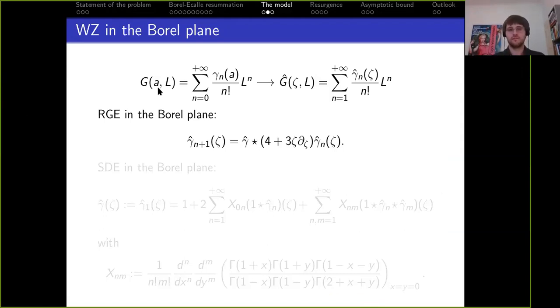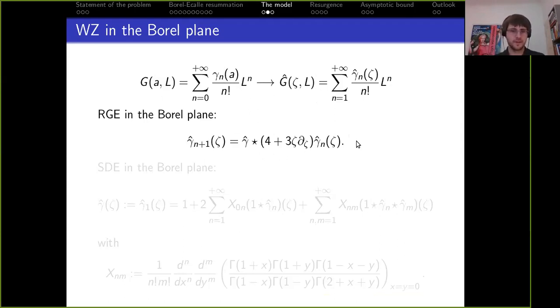So if we make a Borel transform in A, the fine structure constant of the theory, the classical approach to this problem is to expand the 2-point function in powers of L. So you obtain the same type of expansion, but in the Borel plane. Then the renormalization group equations give you an induction on the gamma n, and this induction can also be mapped in the Borel plane, and you obtain also an induction on the Borel transformed gamma.